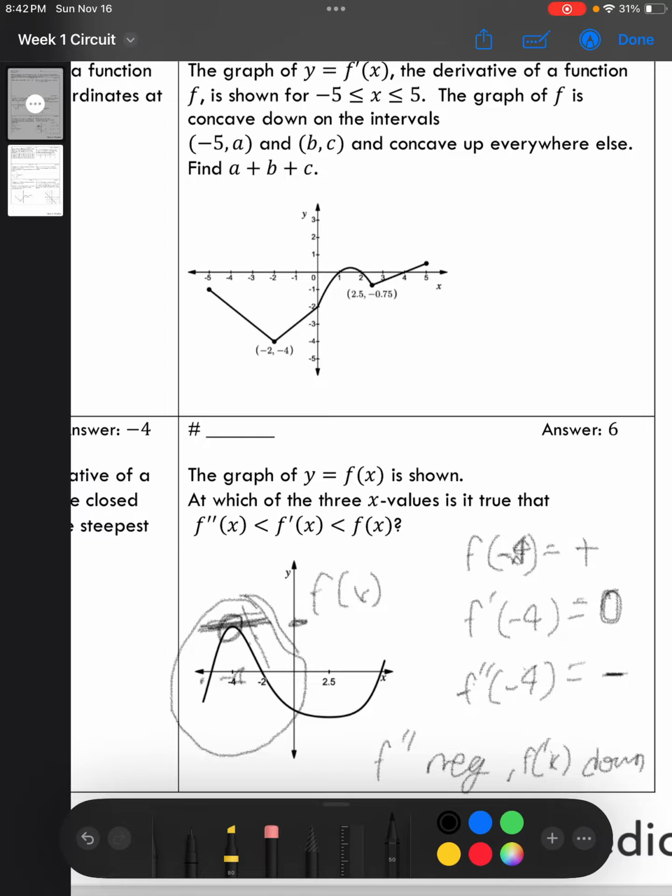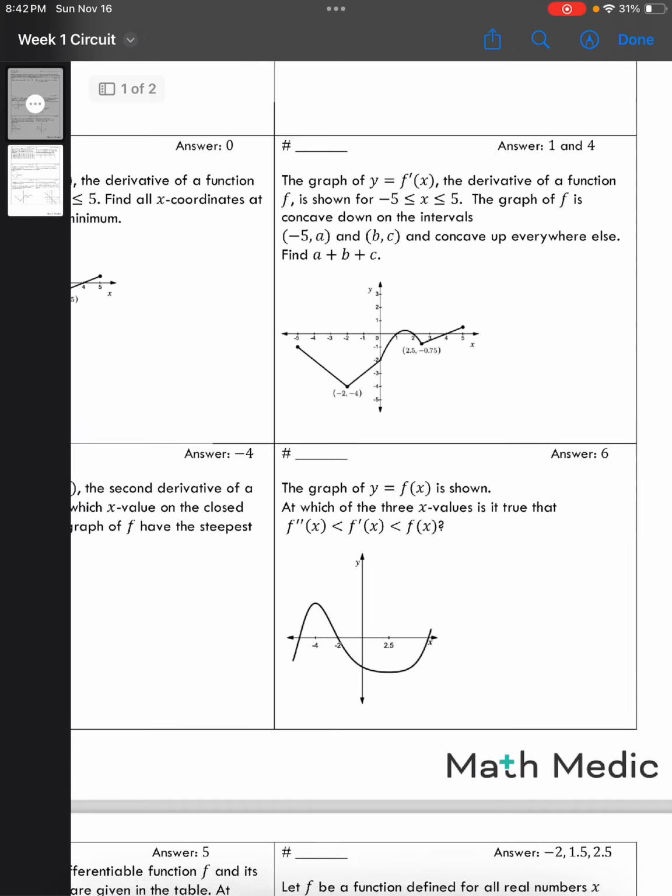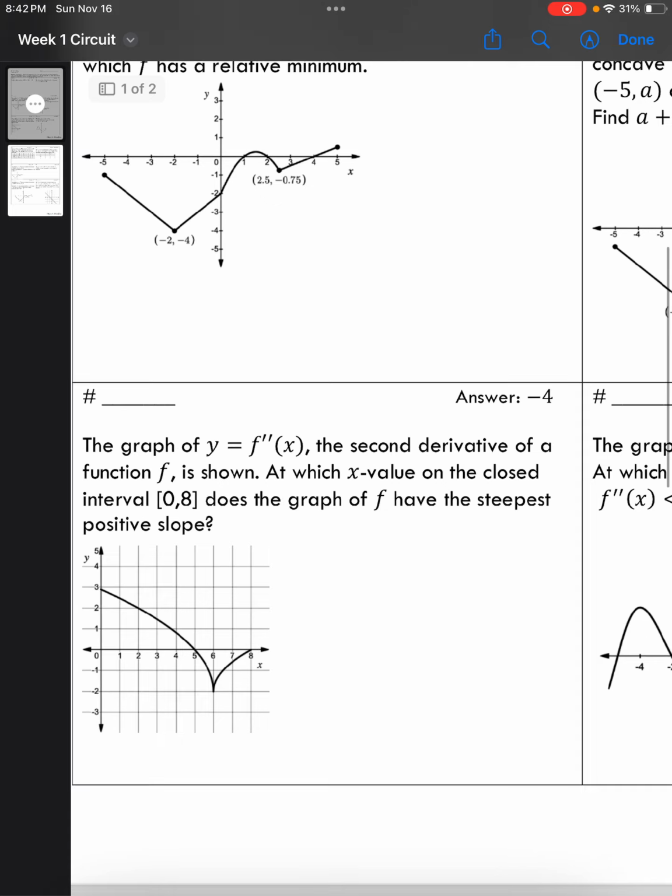So we have these three: a negative, that's f double prime, which is less than 0, that's f prime, and that's less than f, which is positive. We've satisfied this inequality, so x equals -4 is our point. So let's find where -4 is a solution, and it's right here.